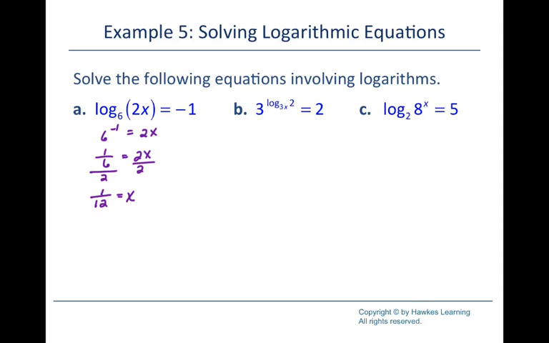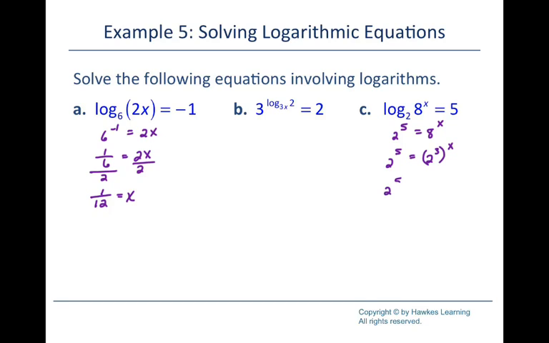And then let's go over to this last one. Do the same thing. We're going to put it in exponential. 2 to the 5th is equal to 8 to the x power. Well, I can make 8 with a base of 2. 8 is 2 cubed to the x power.